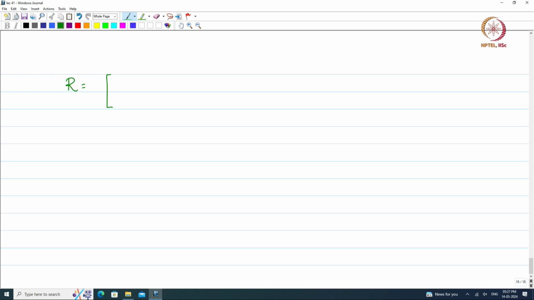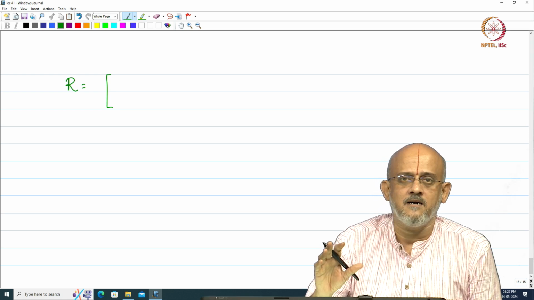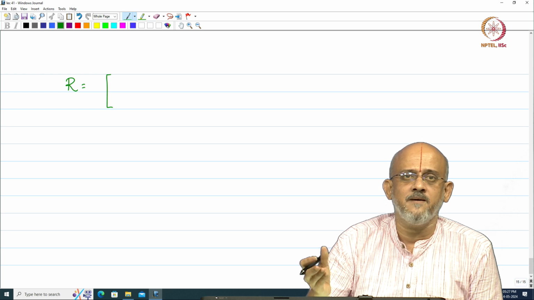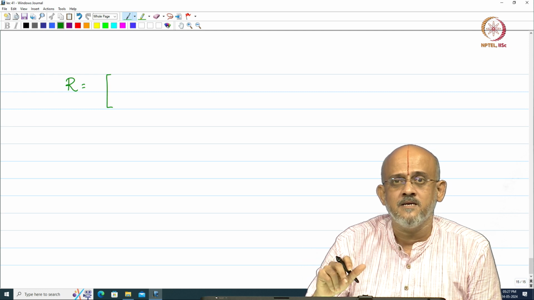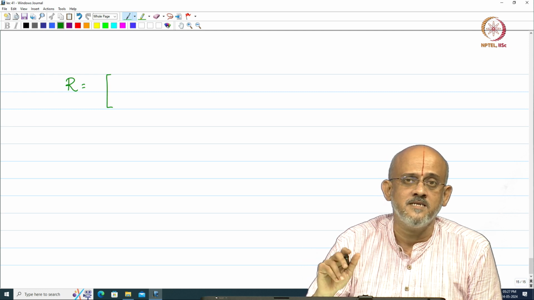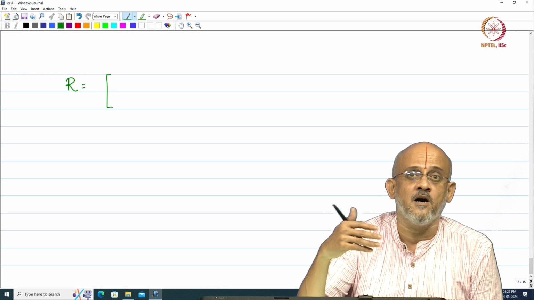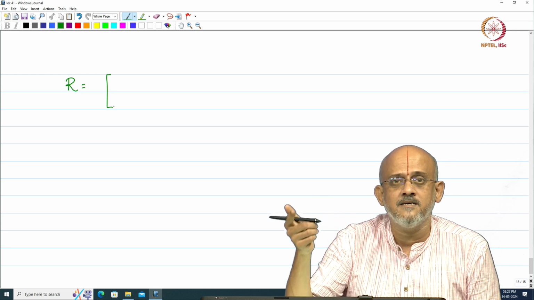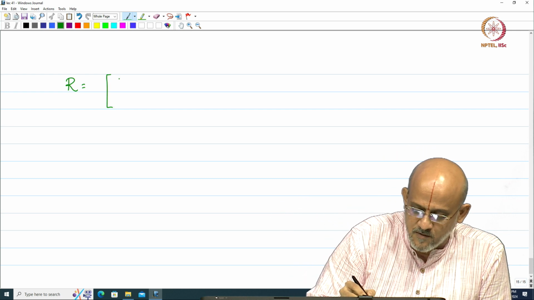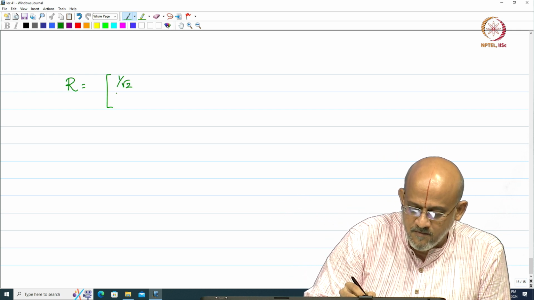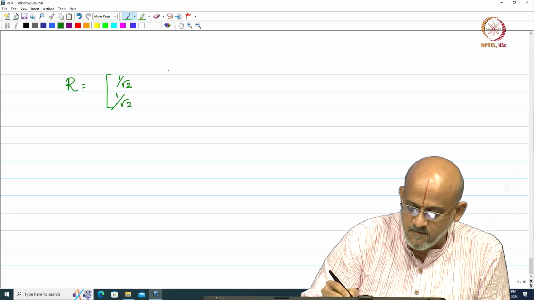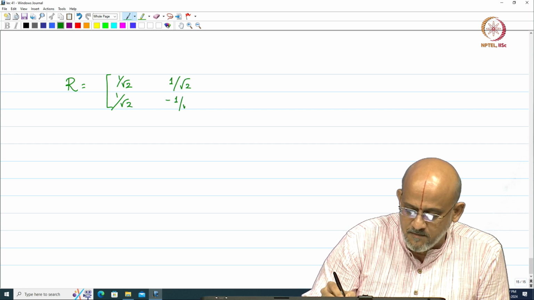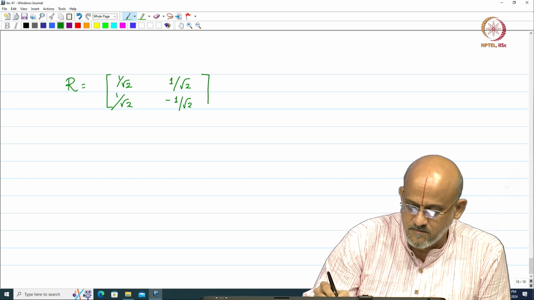The matrix P had orthogonal eigenvectors. Now I am constructing a matrix R in which the vectors are not just orthogonal, but orthonormal. That means the vectors are of unit length and orthogonal to each other. So, I am going to write this as 1 by root 2, 1 by root 2, 1 by root 2, minus 1 by root 2. This is what I have.